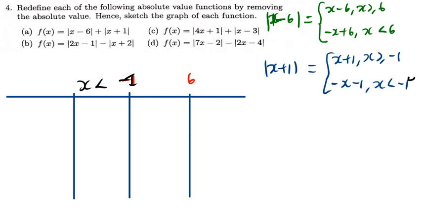Let me just put here x should be less than neg 1. This neg 1, so for this one, we have used it. Next, here we have got x, 6. Numbers from 6 going this side is greater than 6, meaning that we are dealing with x is greater than or equal to 6. What I mean is 6 is less than or equal to x, it's the same as x is greater than or equal to 6.